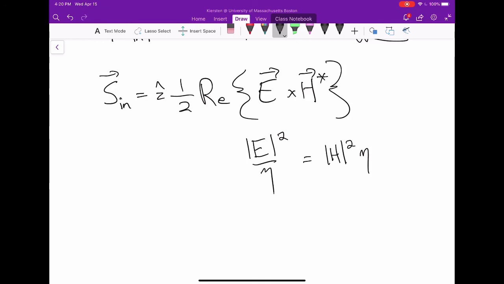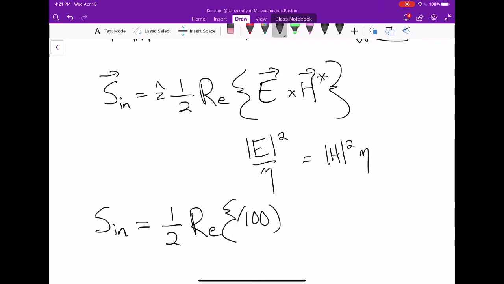And then we get that the incident power per unit area is 1/2 the real part of 100 squared times, where's eta again? 1 plus j times 0.0314.